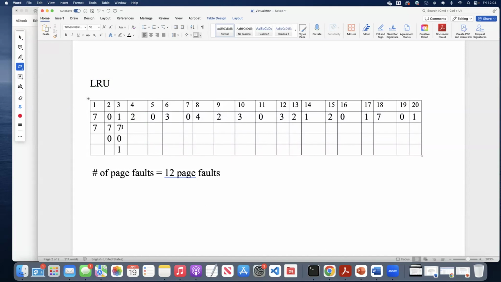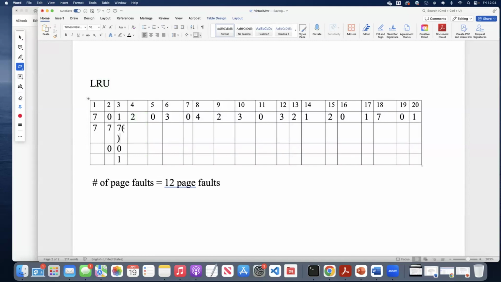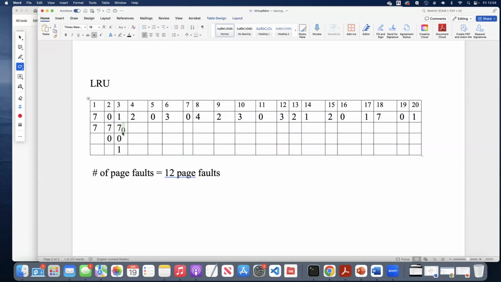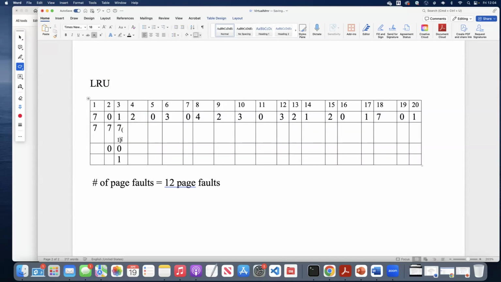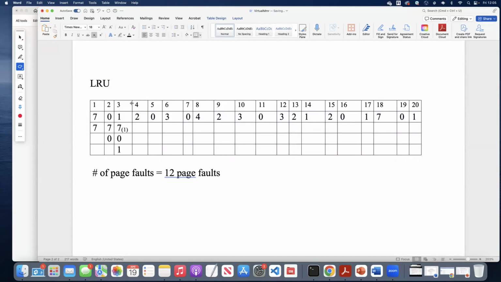Page 7 is accessed at time 1, and then page 0 is accessed at time 2, and then page 1 is accessed at time 3. And now we need to select a victim.